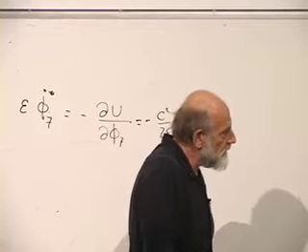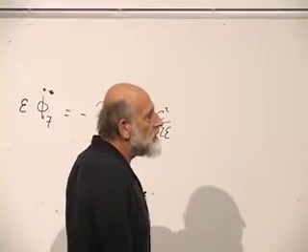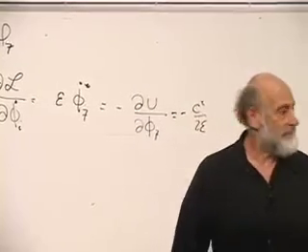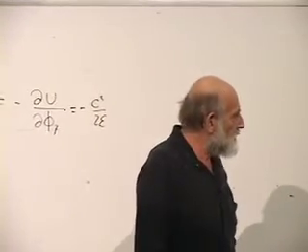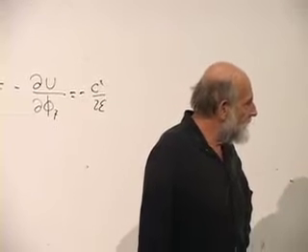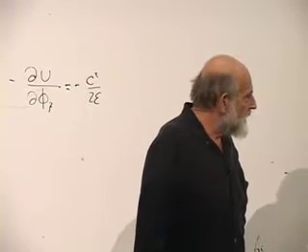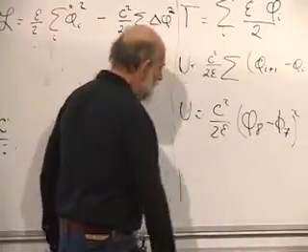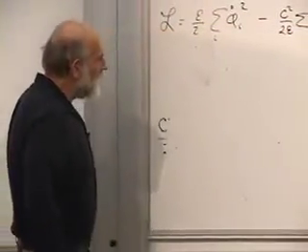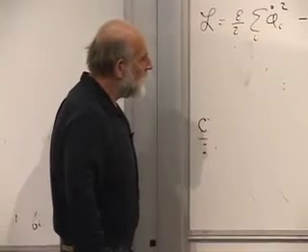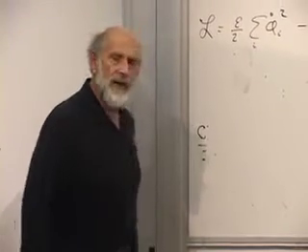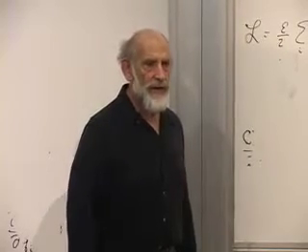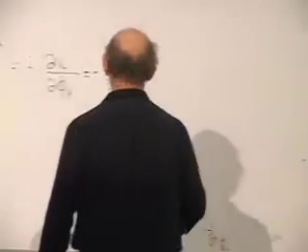Is that right? Yeah. Say it again? Phi 8 minus phi 7, yeah. Well, wait a minute. It doesn't matter whether we write phi 7 minus phi 8, let's see. I think it's phi 7 minus phi 8. Yeah. Phi 7 minus phi 8, right. So it's phi 7 minus phi 8.